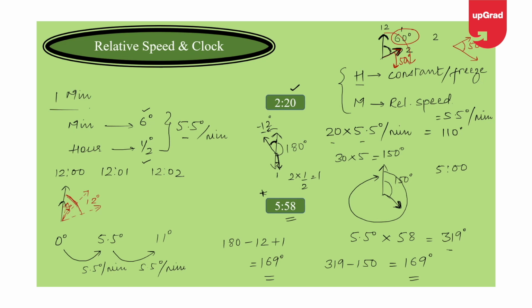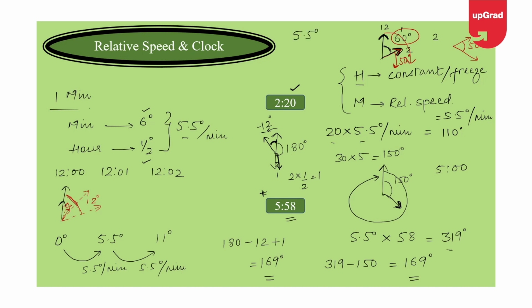So I'd like to summarize this particular statement, the one that I've used in the last question. At 6 o'clock the angle is 180 degrees. Now we also know that the relative speed is 5.5 degrees per minute.